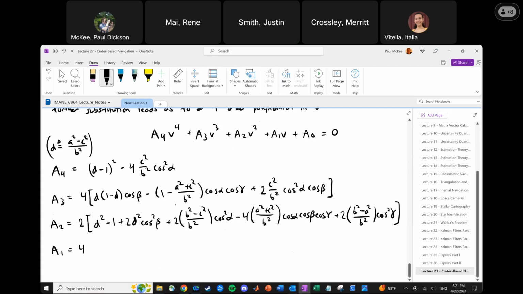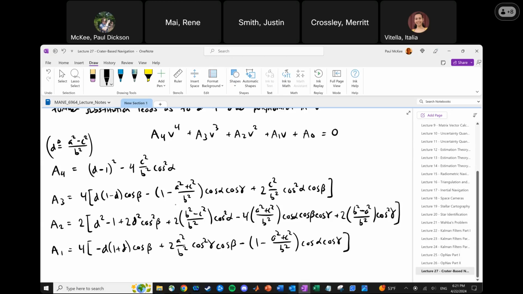All right. A1 is negative d, and then in parentheses, 1 plus d cosine of beta plus 2 a squared over b squared cosine squared gamma cosine beta minus, in parentheses, 1 minus a squared plus c squared over b squared cosine alpha cosine gamma.